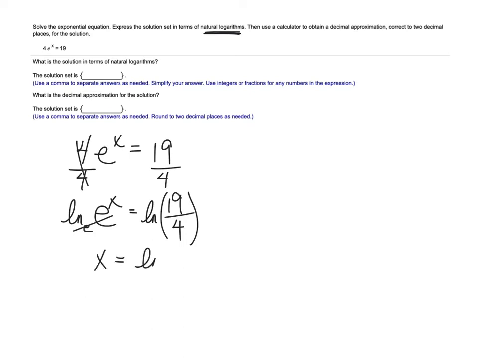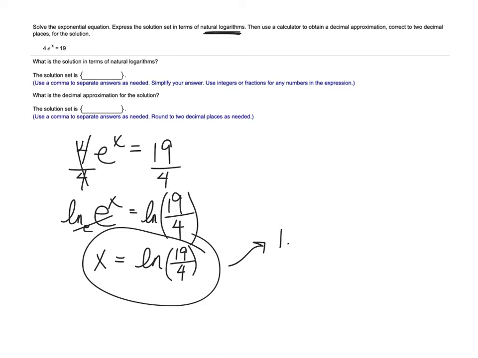So x equals the natural log of 19 over 4. That's my first answer. This is what would be asked of you on the test. But then they do want us to do a second step, plug that into our calculator. And I got 1.558, and that rounds to 1.56.